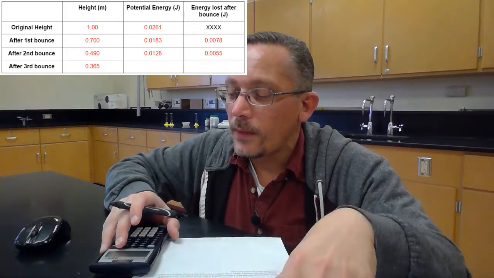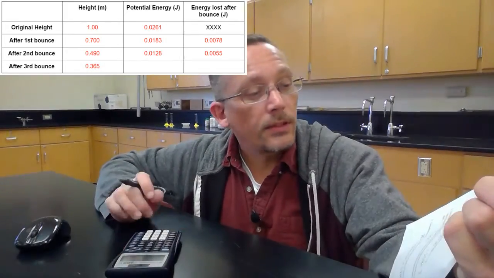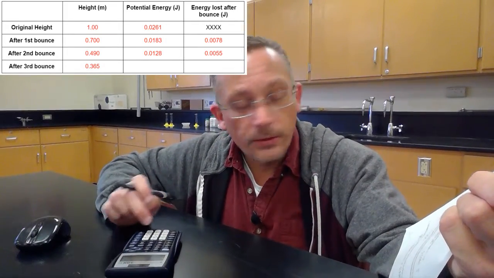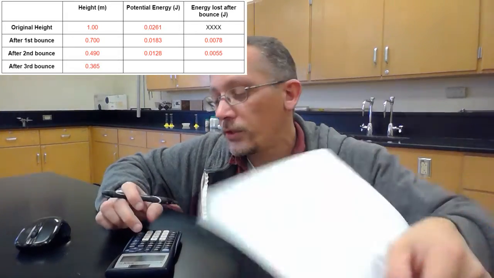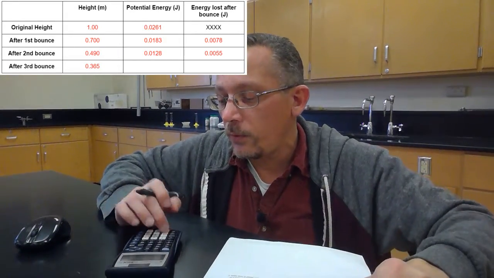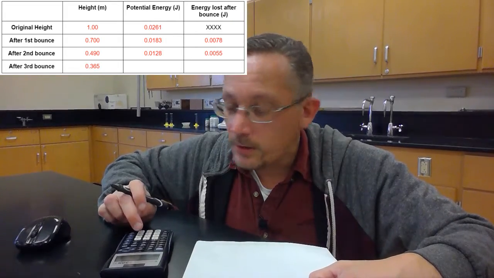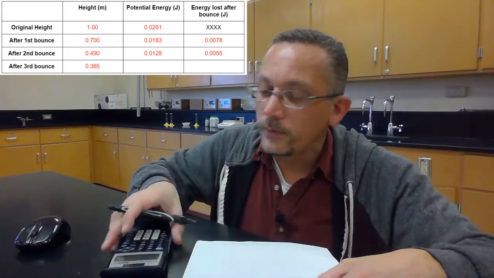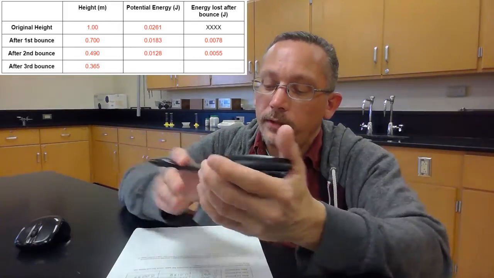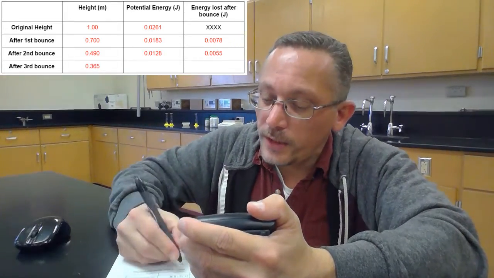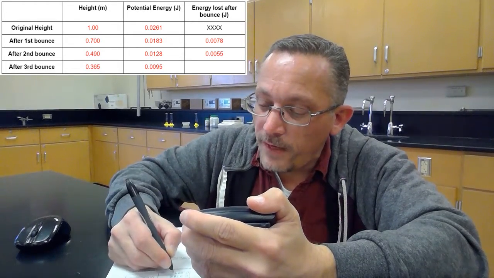Now let's do the after the third bounce. Okay, so now to figure out its potential energy, its mass was still the same, 0.00266. G is still 9.81, and now the height is 0.365. So now I calculate its potential energy as 0.0095, let's say.